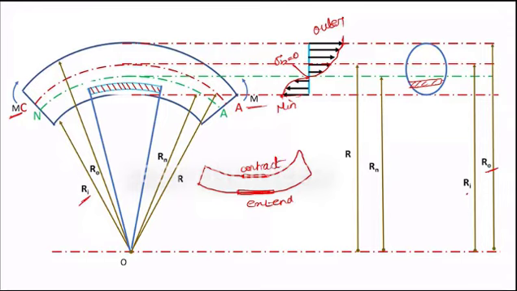So here the fiber extended, here it contracted. At some region the fiber will neither extend nor contract. That surface is called the neutral axis surface, and the axis passing through it is called the neutral axis.